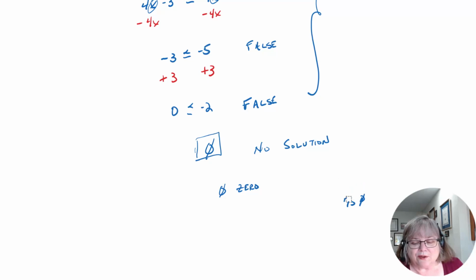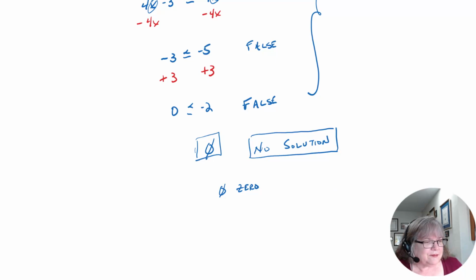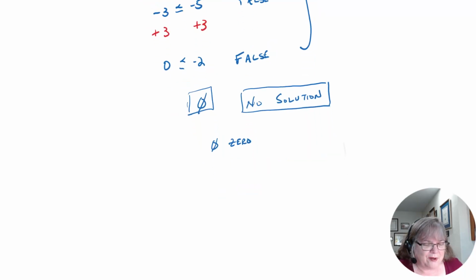This means no solution. All right? Does not mean 0. So don't use that. If you were trying to say x is 0 and you put a slash through it, you're basically saying x is no solution. So be careful. All right, on we go.